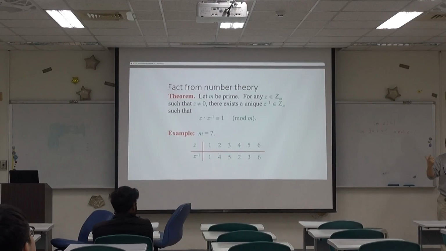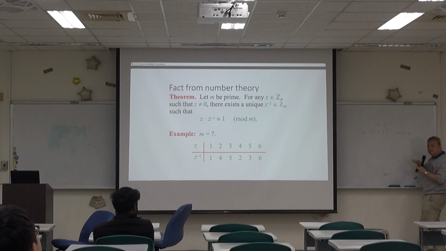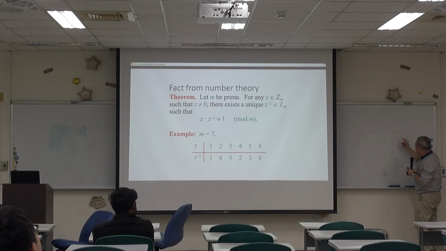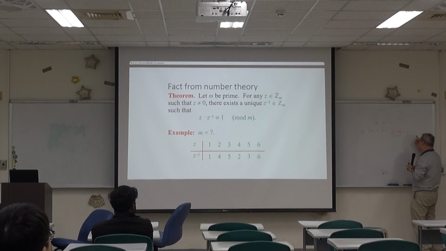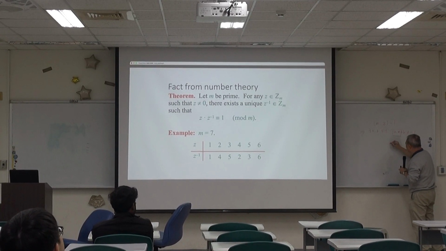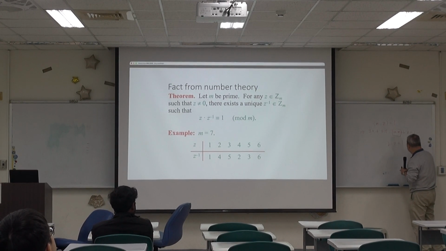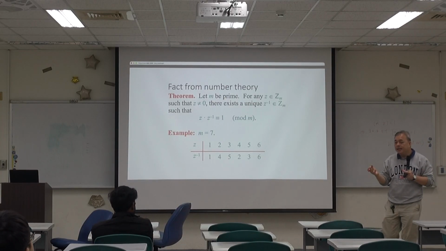try to mod n on both sides. This term cancels out, right? Because there's an n in there. The right side is 1 mod n, so b times z is congruent to 1.